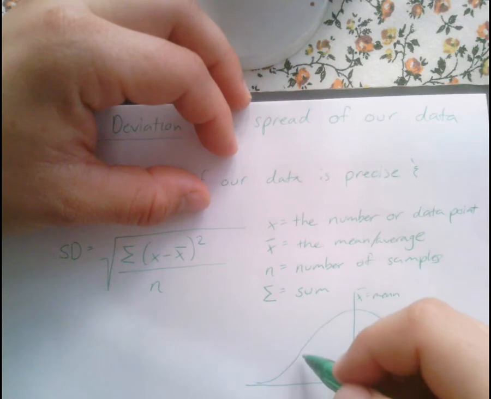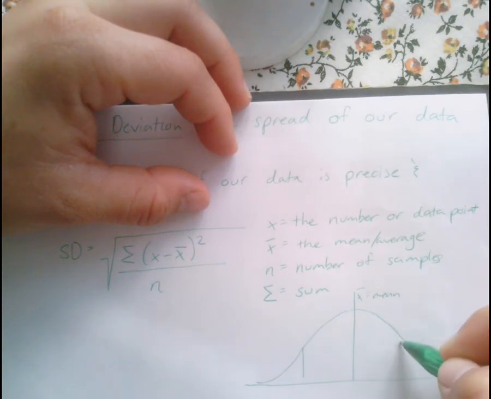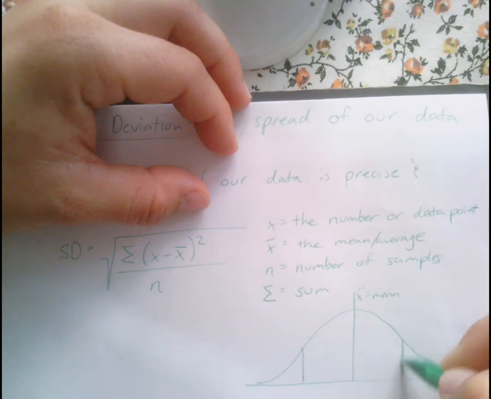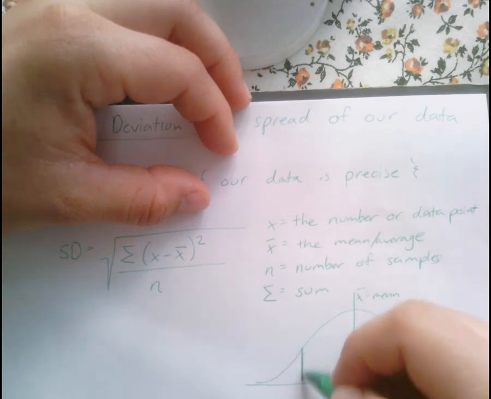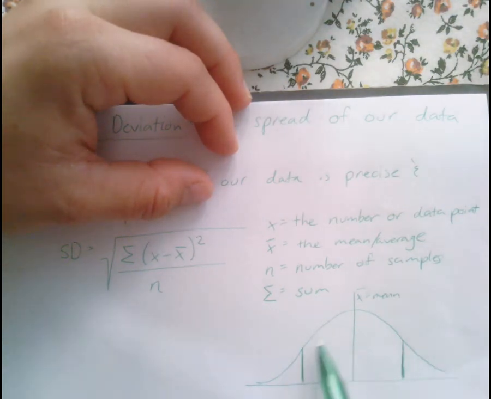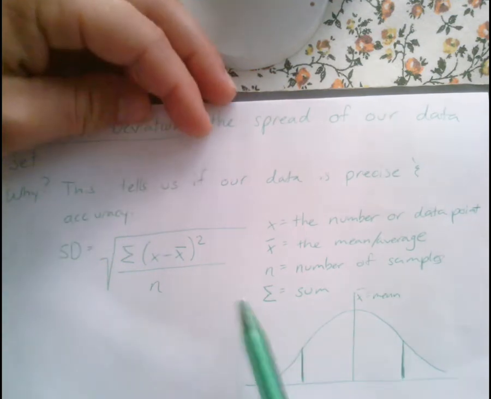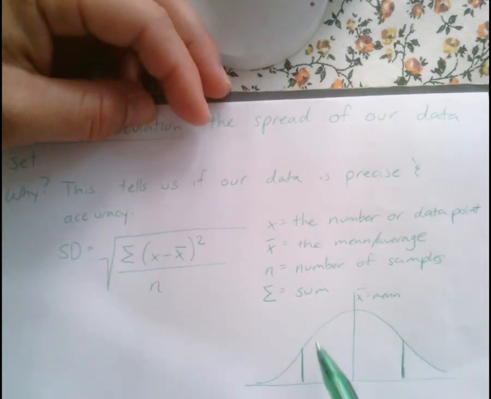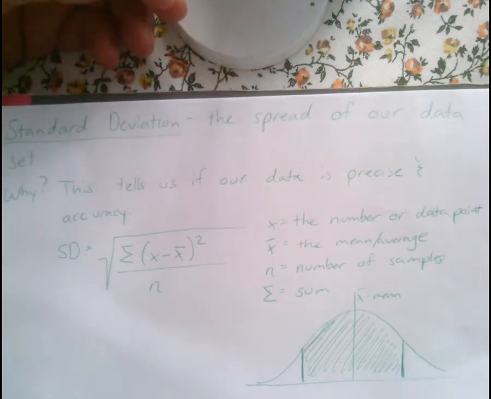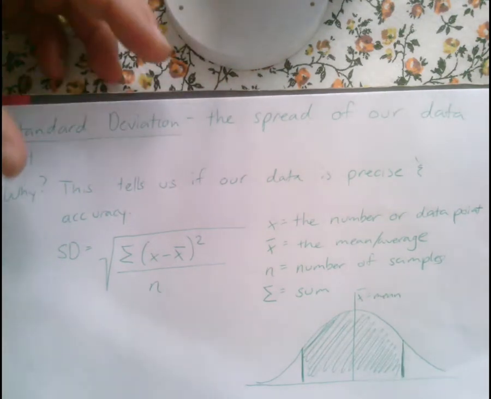The standard deviation is really giving us a range of numbers, one standard deviation below the mean and above the mean. When we calculate it, we're saying that two-thirds of our data points will fall somewhere within this range. We'll try and figure out what that is based on our calculation.